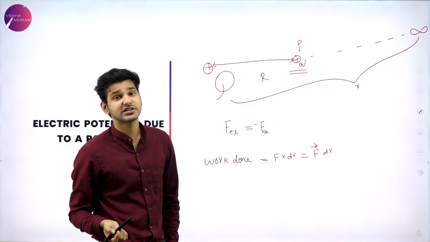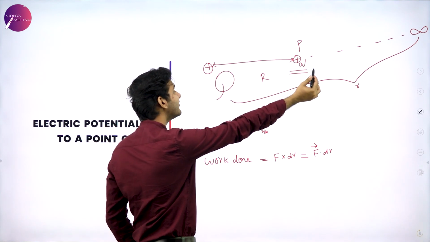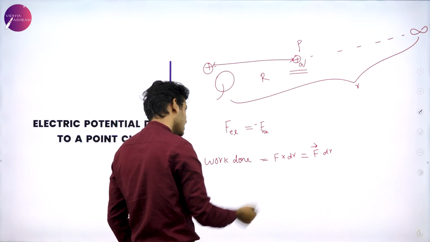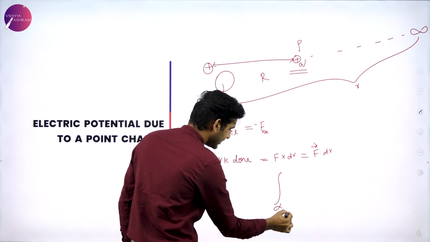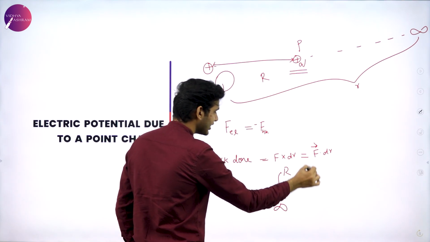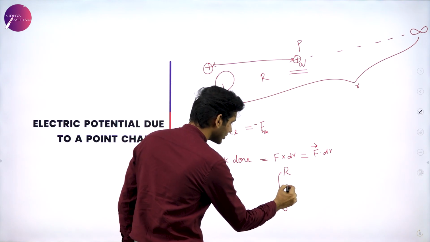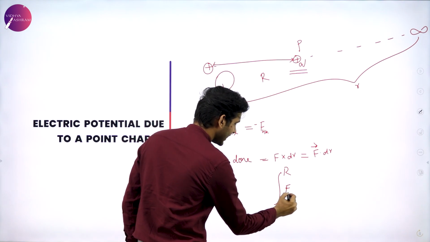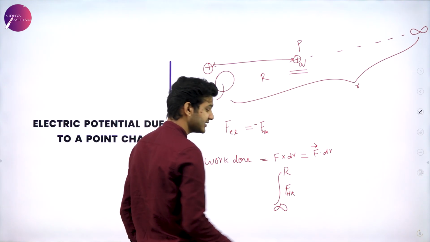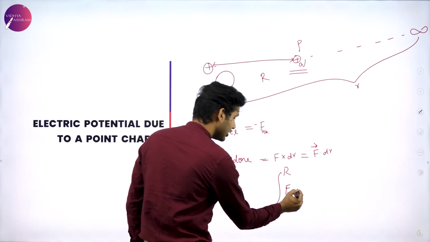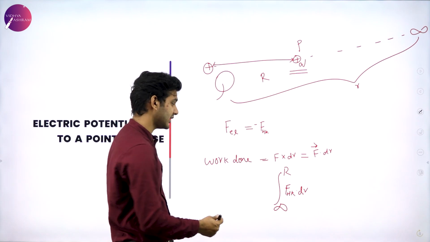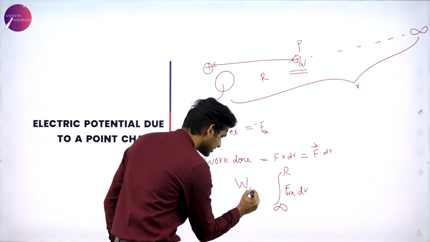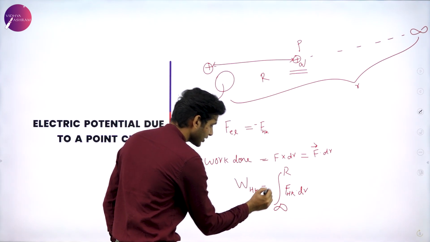So where am I traveling from? I'm traveling from infinity to that particular point. So I can say that I am integrating from infinity to a point r. F_HK, the force I am applying, dot dr will give the work that I am doing, W_HK.